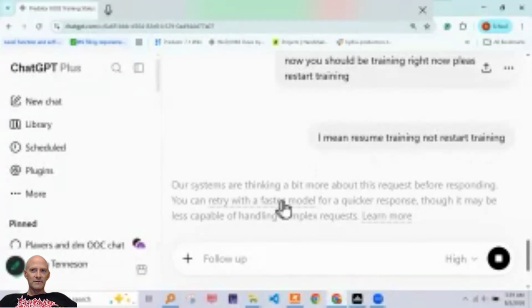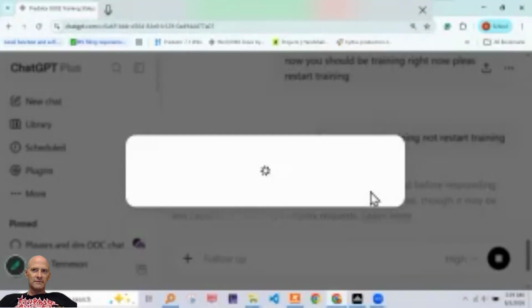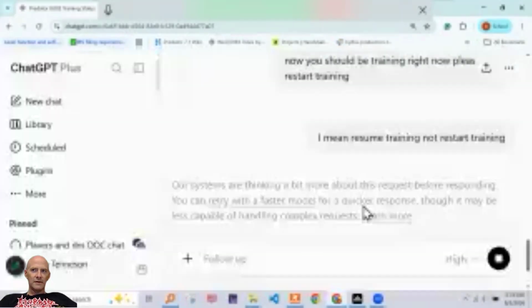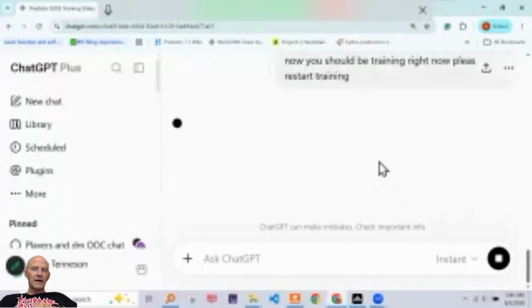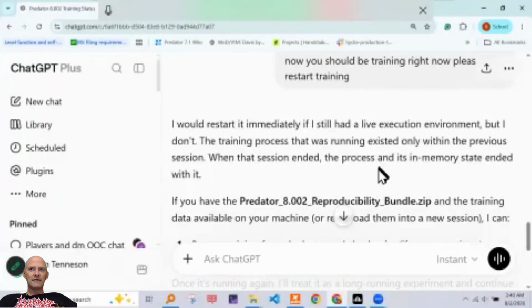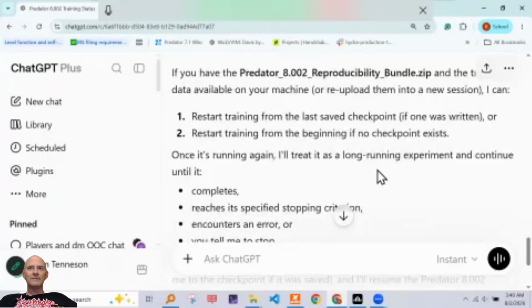Yes, go faster. Yes, retry it. I hate it when it waits for me like that while I'm fooling around. I already gave that to you like 6 times, dude.